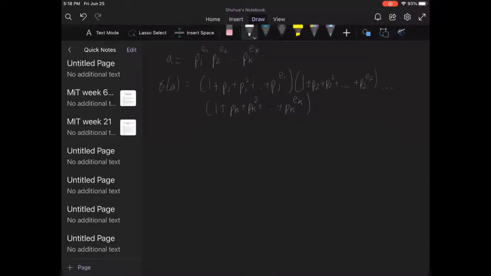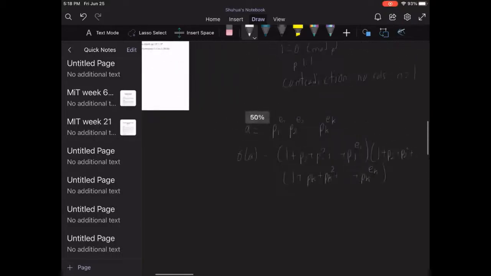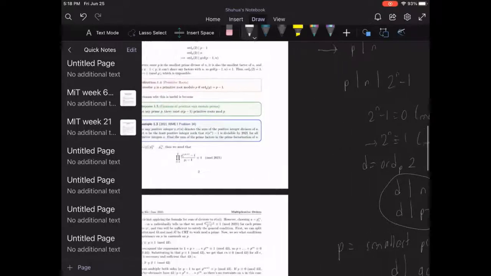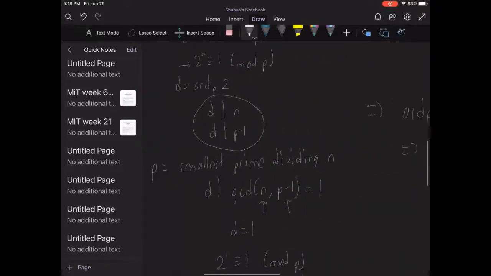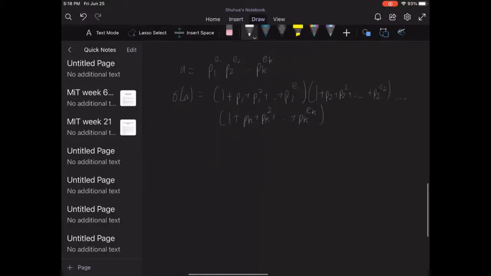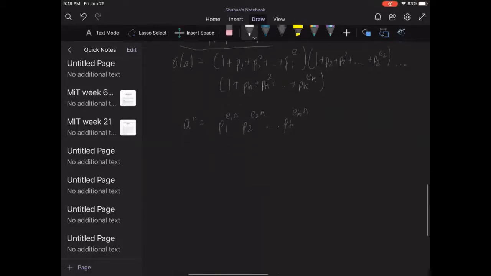So if we use the geometric series formula to figure out sigma of a to the power of n minus 1. If we take a to the n instead, then it's p1 to the e1n times p2 to the e2n, all the way to pk to the ekn. And the n is not a subscript, it's just multiplied.